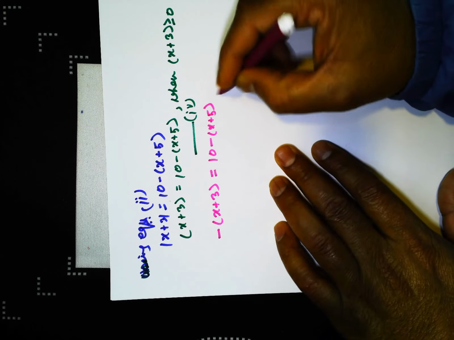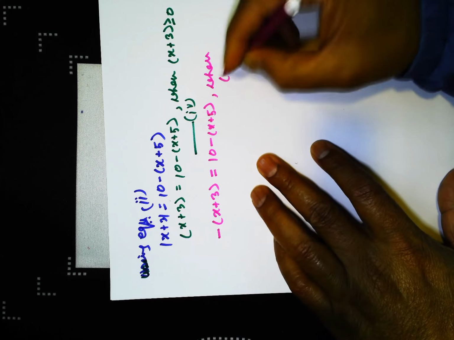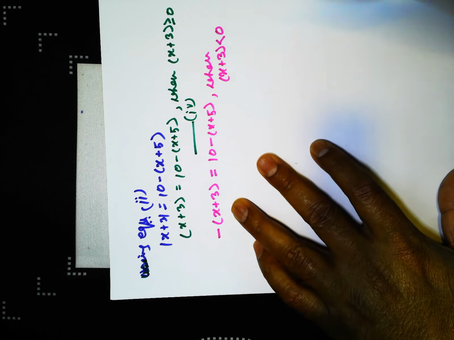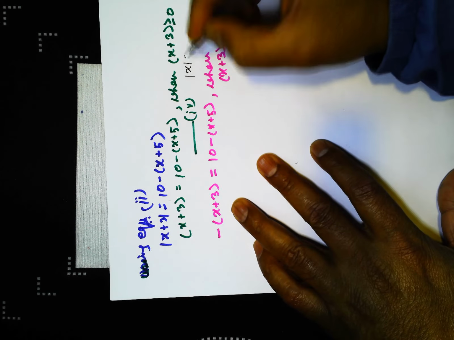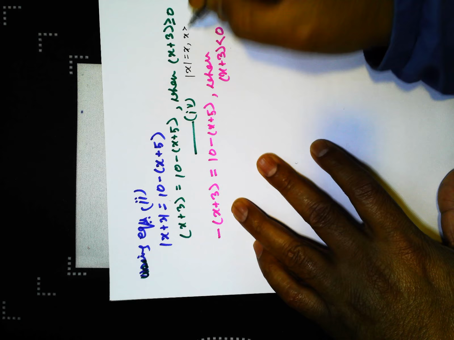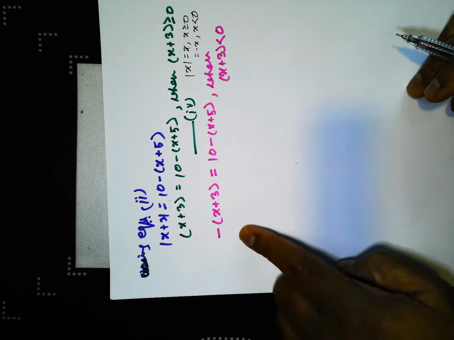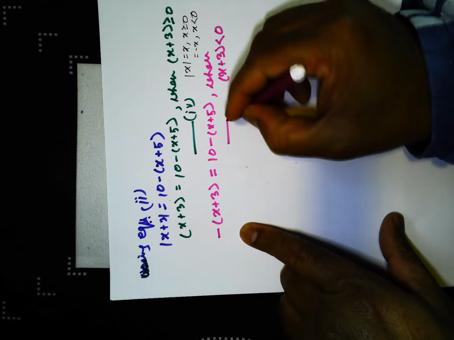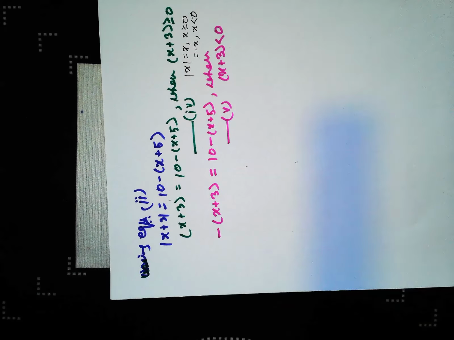So its condition is that when x plus 3 is negative, less than 0, because you know that in the absolute value form this is x when x is greater or equal to 0, this is minus x when x is less than 0. Let's check. So it is one time plus, another time minus, just like before, and we name this equation as equation 5.